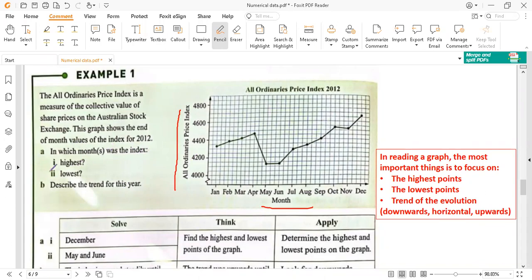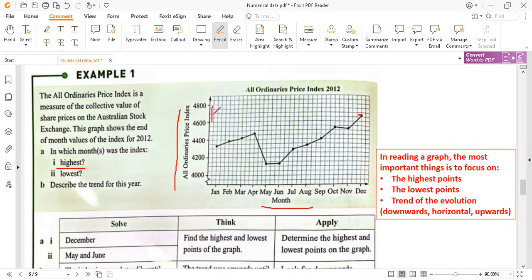In which month was the index highest? Normally we search for a peak or a summit. The highest summit is here. It is the highest value vertically. We should be aware of the scale.